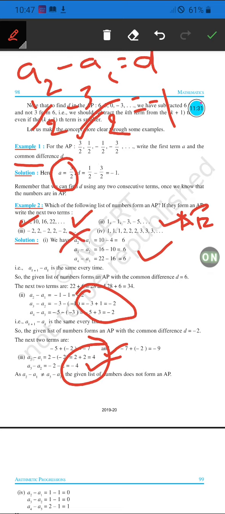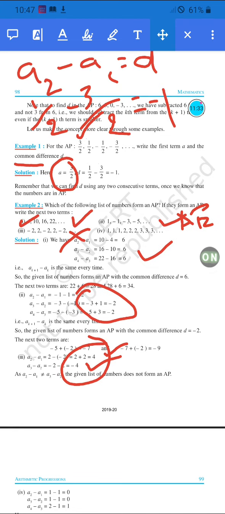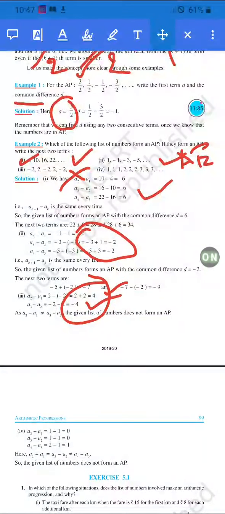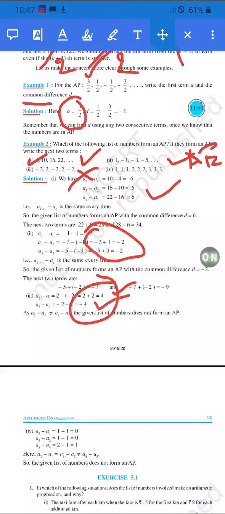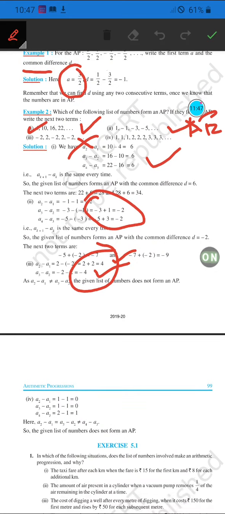So the fourth example: 1, 1, 1, 2, 2, 3, 3, 3. The difference between the first two consecutive numbers is 0. Afterwards 1 to 2, the difference is 1.